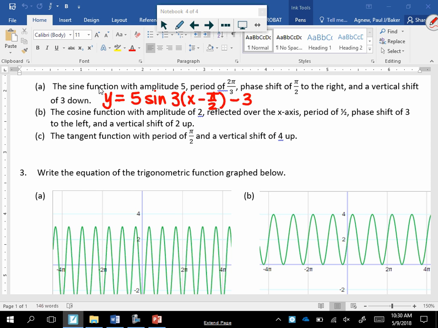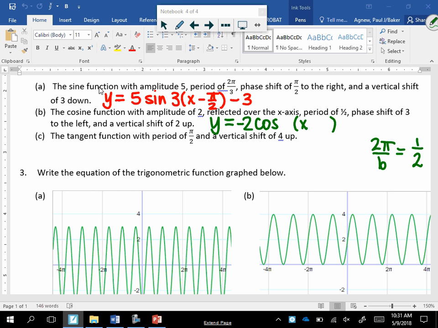All right, for B, the cosine, we're going to do a cosine function. An amplitude of 2, that's easy, that's just a 2 in the front, reflected over the x-axis. What does that mean? Make it -2. A period of 1/2. All right, well, for cosine functions, the period is 2 pi over b, but I want this period to be 1/2.